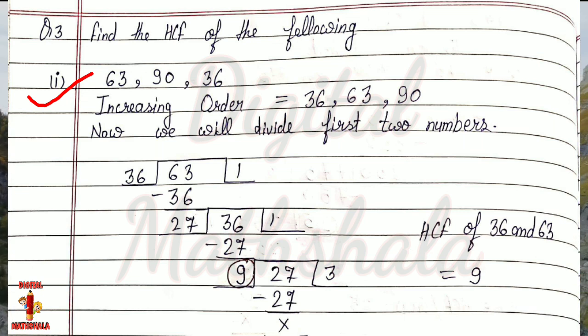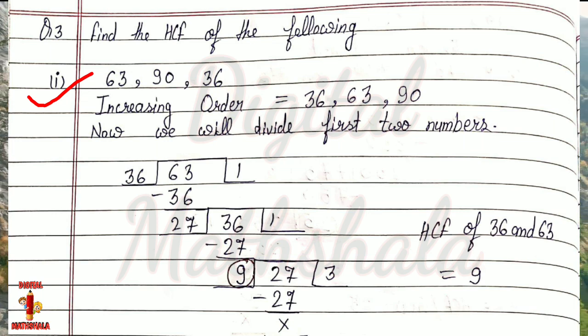So here when we divide 63 by 36, one time it will go, and after subtracting 36 from 63 we will have 27. Now 27 is a remainder, and now it will become a new divisor, and the previous divisor 36 will become a new dividend. Now we will divide again, and then we will continue the process till we are having remainder 0.